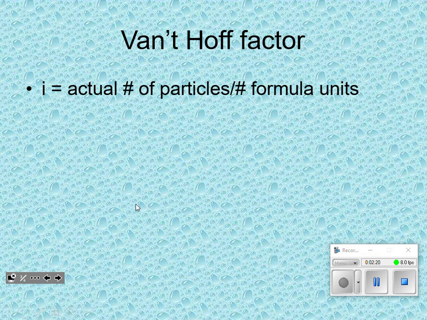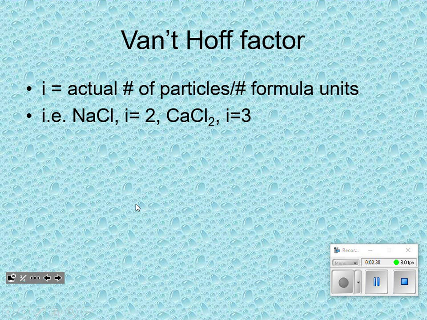Here's an example. If I were to dissolve salt in water, there would be 2 particles for every 1 NaCl: 1 Na plus, 1 Cl minus.